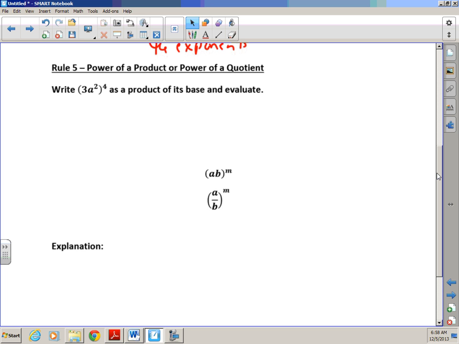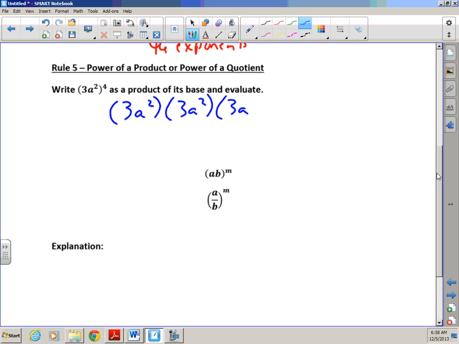Let's say I have 3a squared to the 4th power. So now I have 2 separate bases here, 3 and a squared. Well, raising something to the 4th power means to multiply it by itself 4 times. And now if I were to do this math, you learned yesterday we can multiply the 4 3's to get 81, add the exponents of the a to get a to the 8th.